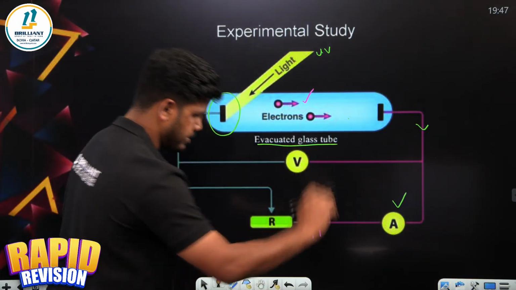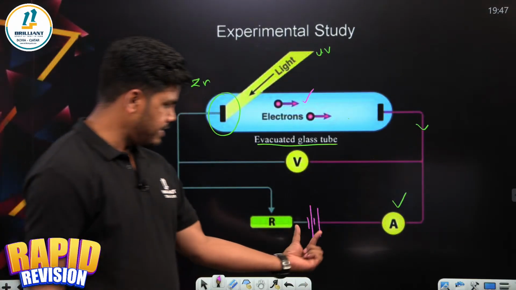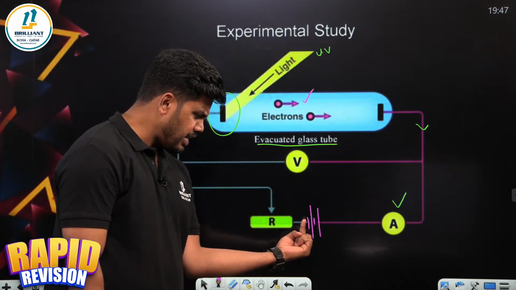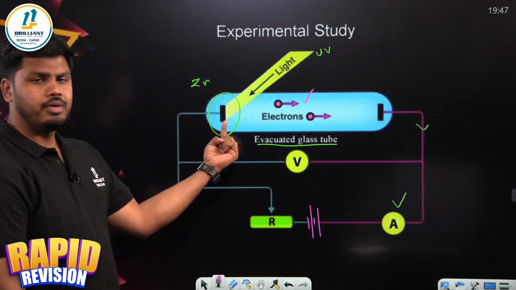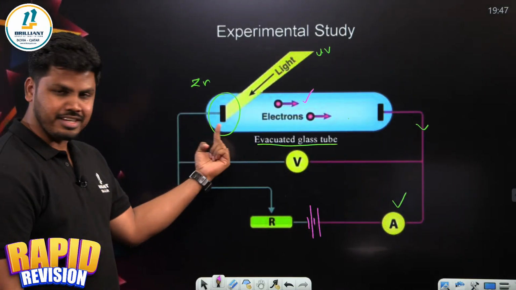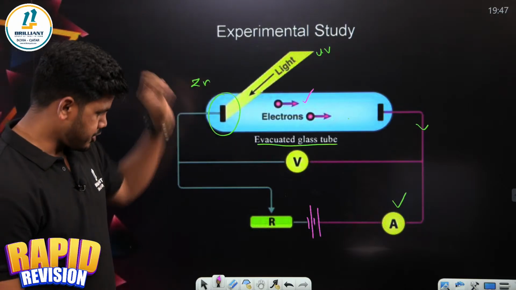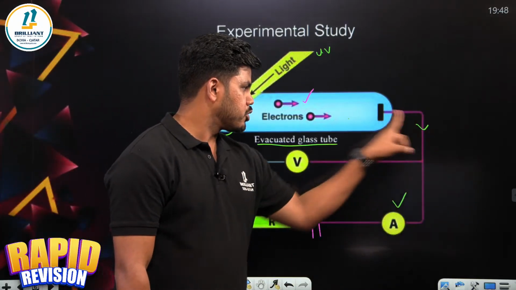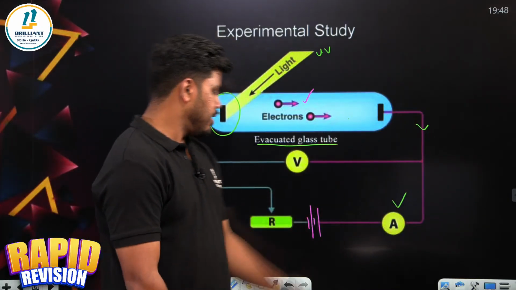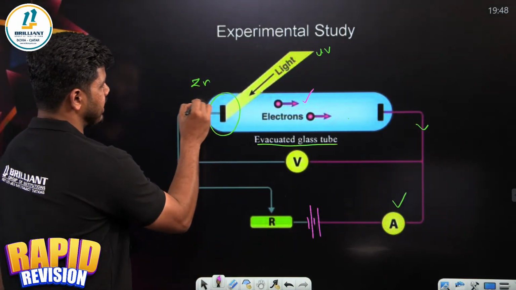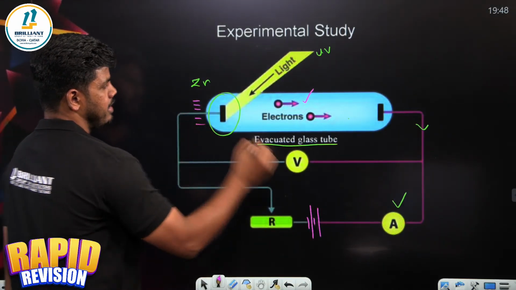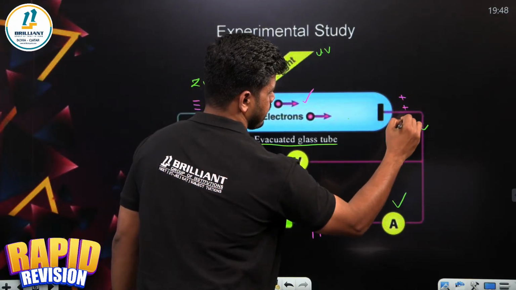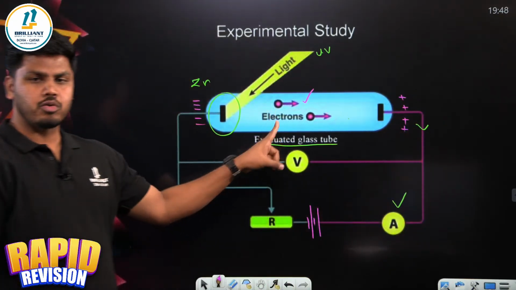So the negative terminal of the cell is connected to the photosensitive material, the zinc, inside the evacuated glass tube, and the positive terminal is connected to the metal anode. Because of that, there will be a negative potential from this end and a positive potential on the other, right?